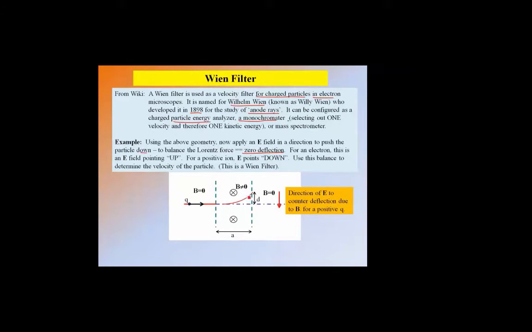So if we want to counter that, we have to put an electric field in this direction. And basically the idea is to achieve this motion that just goes straight across like this. How do you detect it? Well, you put slits here and here, so that the only way that a particle can go here and here is if it goes in a straight line. And so if you have a detector here, as soon as you establish that equilibrium, you'll start seeing signal. So this is what you call the Wien filter.